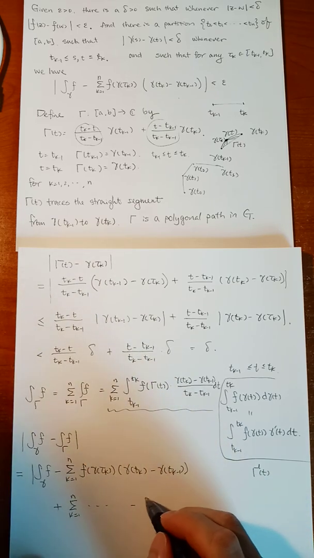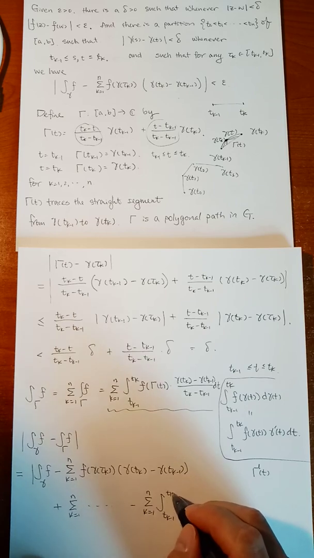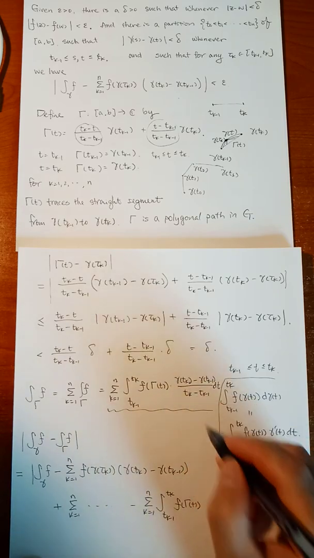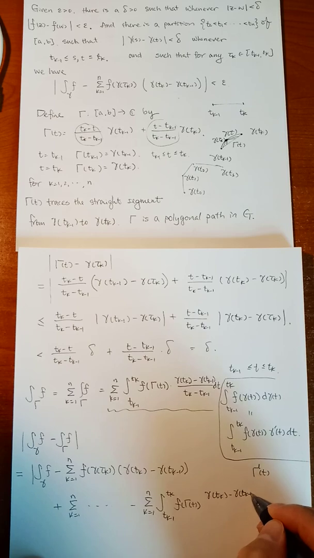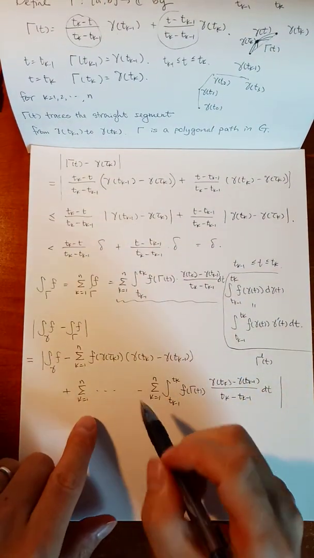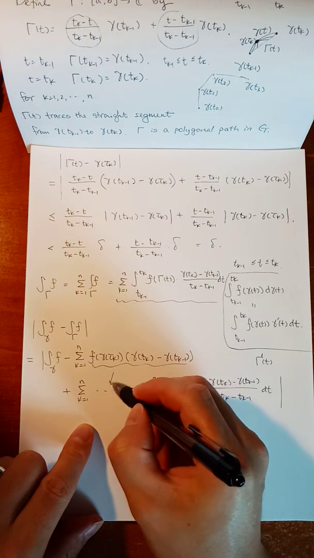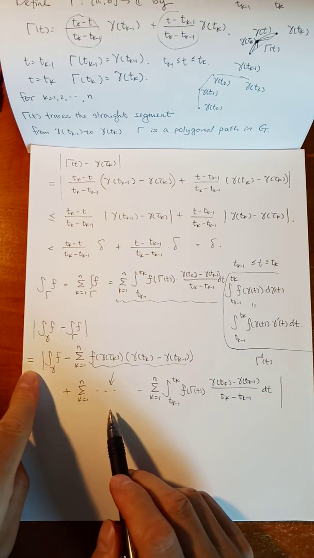I'm going to insert this: minus the sum over k from 1 to n of f of gamma(tau_k) times gamma(t_k) minus gamma(t_{k-1}), and of course plus this, and then minus the integral of f along capital gamma. The integral of f along capital gamma is the sum over k from 1 to n of the integral from t_{k-1} to t_k of f of capital gamma(t) times this ratio, dt, in absolute value. I just copied it here, so we insert it and still have equality.